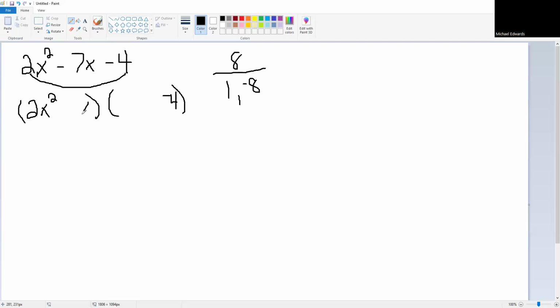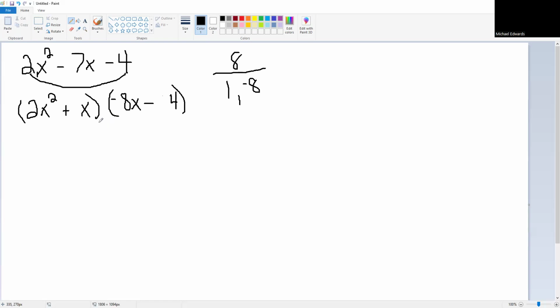The first one is just x, and it's positive. It's minus, and the last one is negative 8x.